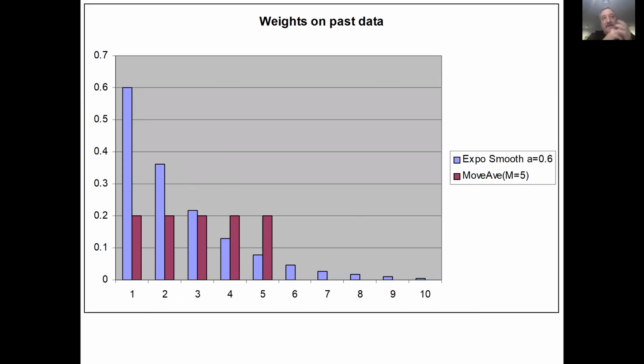Right, so for me, when I look at this plot, intuitively I like exponential smoothing better. It gives more weight to the more recent data points, less weight to the data points further back in history, but it still gets the same kind of averaging effect because it's a weighted average, right?